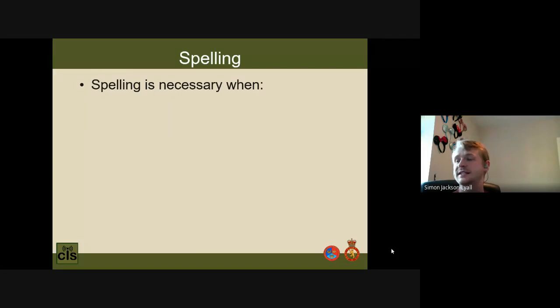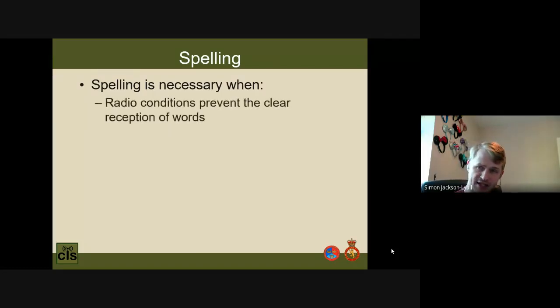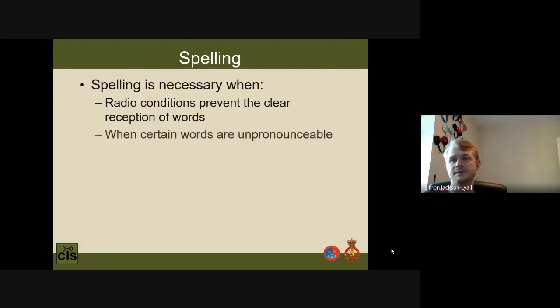But when would we spell normally? So it's necessary when the radio conditions prevent the clear reception of words. So when you're working in difficult conditions, remember our radio check that we went through last week, we might want to spell things because then it's easier to understand. Okay.